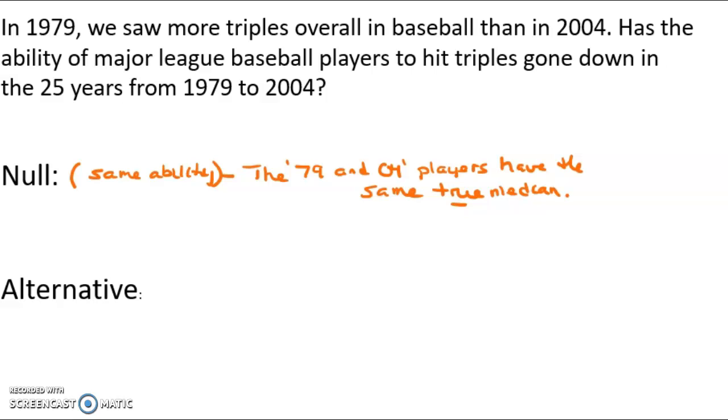For the alternative, the Ha, this is normally when you make a statement about greater ability or change in ability. Being specific, and since we're saying that the 79 group hit more triples, I'm going to focus on them.